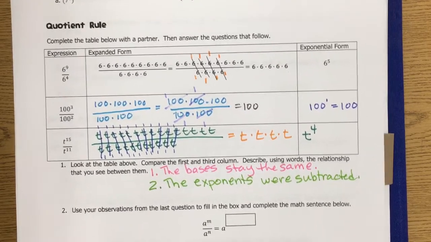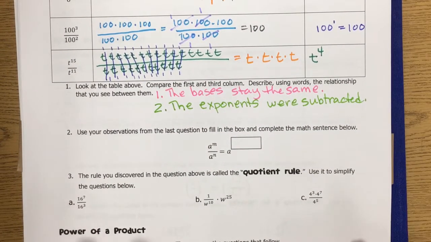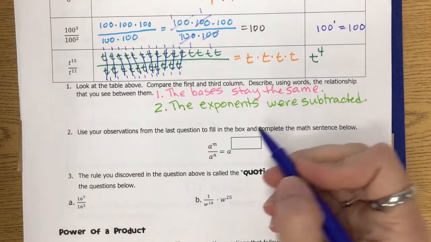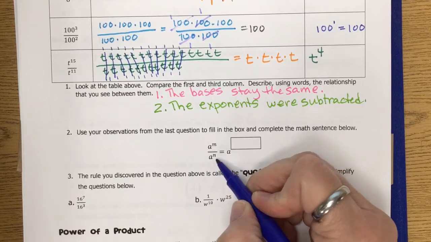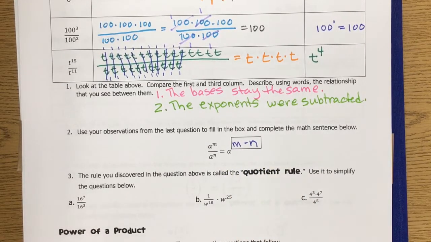So you should have already written all this down, or you can just pause the video. So what is your observation? We just said that we subtracted the exponents. Well, our exponents here are m and n, so we're going to subtract m and n.